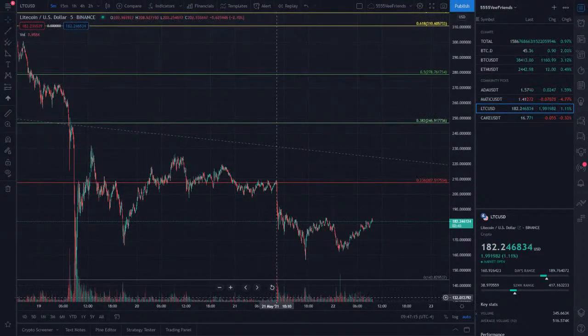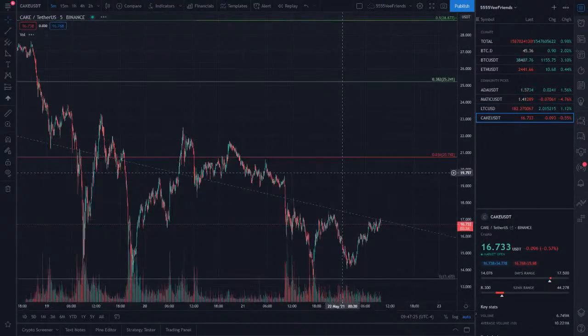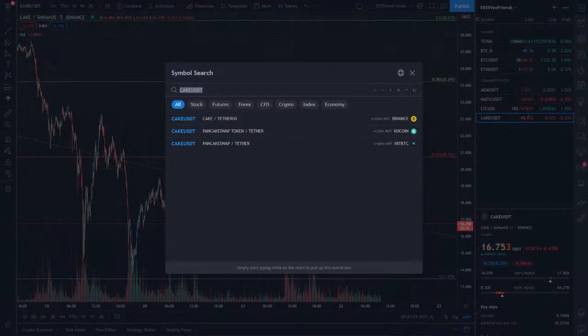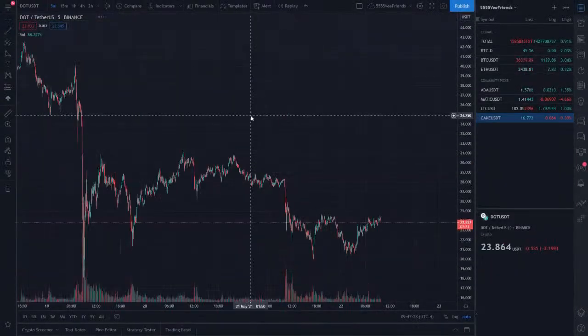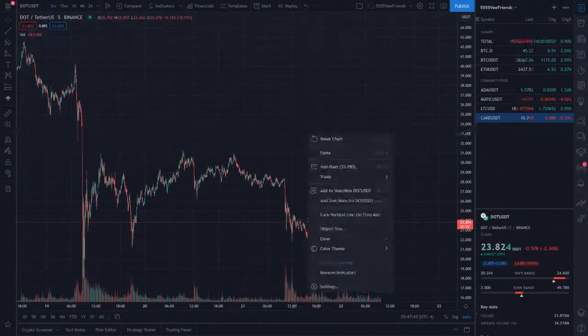This was across the board, May 21st at 10. There was that drop off pretty much everywhere, getting rejected off of whatever it is. Cake looking very similar. I didn't hear much talk about DOT, and I'd like to just put that on the list as well. DOT.